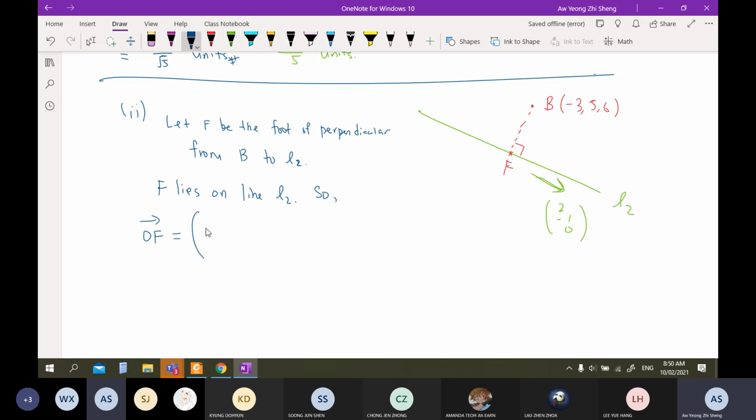So OF is equal to (5 plus 2t, 5 minus t, 0) for some t in R. By writing for some t in R, what we really mean is this equality would hold for a specific value of t.